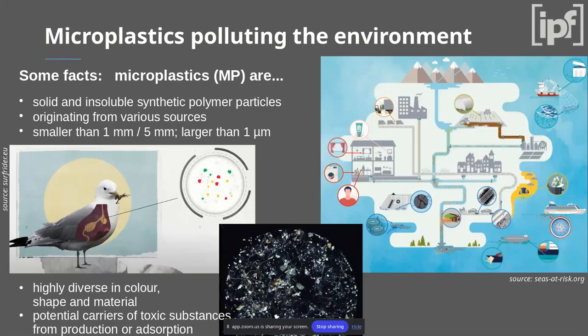Microplastics are basically an umbrella term. That means it's an extremely vast diversity of colors, shapes, material compositions that are or could all be considered microplastics, which makes their analysis and quantification difficult. They are of concern because they are potential carriers of toxic substances that are either added during production for various purposes. Actually, I can hide this little box here.